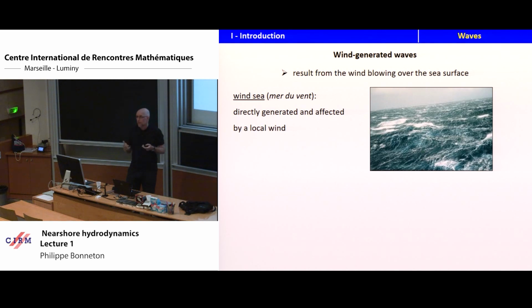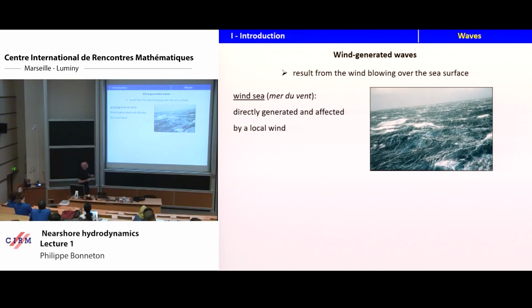Wind sea, in French, mer du vent, where the waves are directly generated and affected by the local wind. You can see a nice example of the sea state during an intense storm. And so the waves are relatively random. You can see a sort of chaotic sea state with a broadband spectrum.